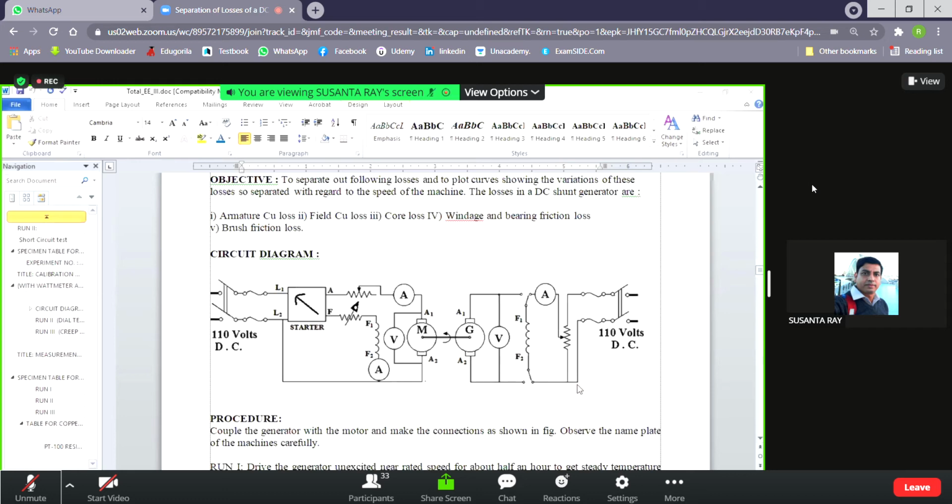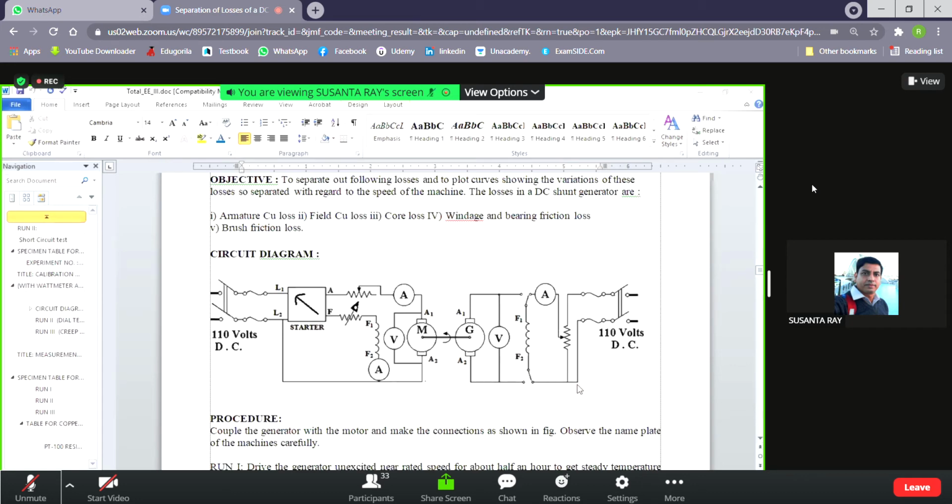Now first, the L1, L2 terminals of the starter will be connected with the DC supply. Here we will connect a 110 V DC supply with a double pole, double throw DPDT switch via 2 fuses, which are shown by the curved lines.